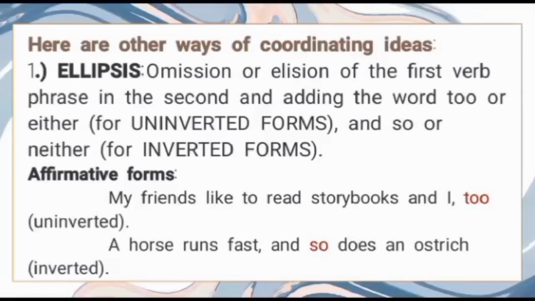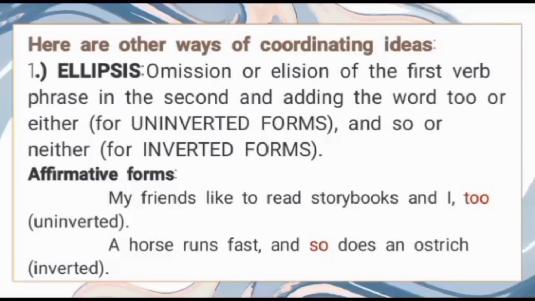So, first, I'll change the color so you can identify it. Just take note that the inverted is always reversed. Remember, the verb is before the subject in the inverted, while in the uninverted, it is subject before a verb. Meaning, it is in the format.